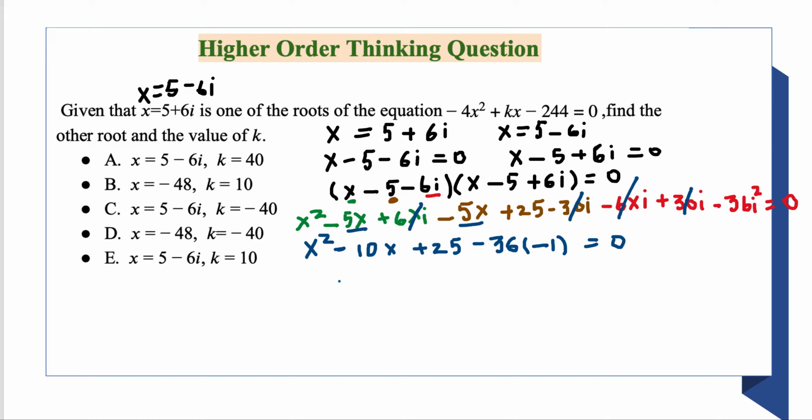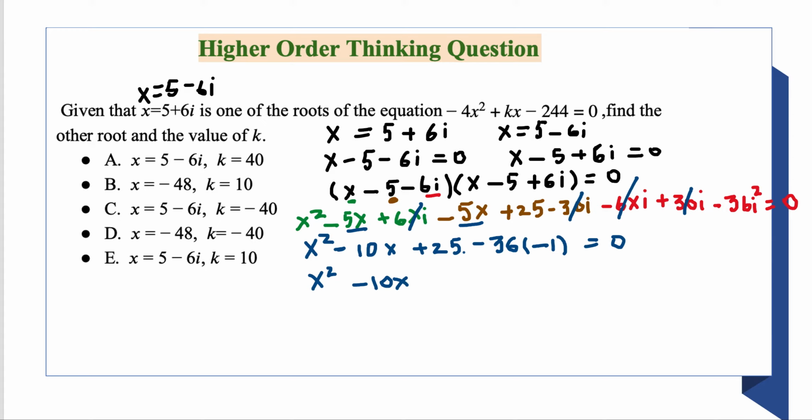And now I'm looking at what I can do. But just let me rewrite this equation here. Again, x squared, minus 10x. And let me calculate one calculation here so I don't have to go back. Plus 25 I have here, but negative 36 times negative 1 is positive 36.